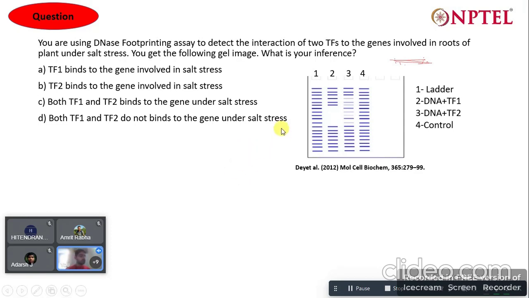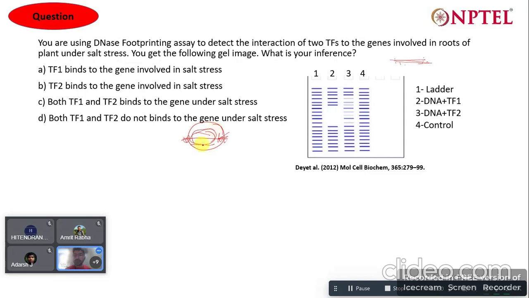So what we do in a DNA footprinting assay is that we take a DNA and add the transcription factor that binds to this part of the DNA. Then we apply DNase treatment and the region is chopped off other than the region bound by the protein that interacts with the DNA.